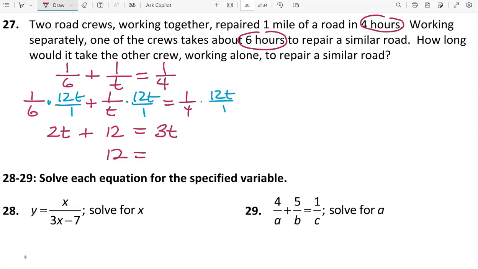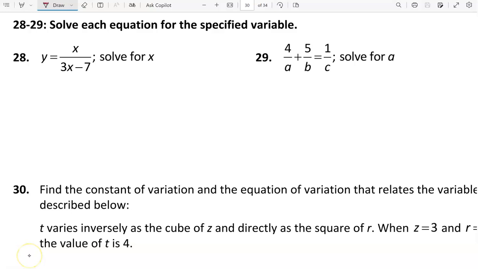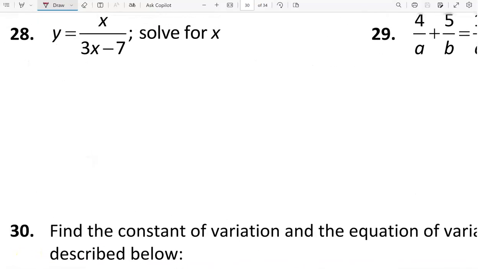And subtracting 2t from both sides, that gives us t is equal to 12. So the answer to our question is it would take the second crew about 12 hours to complete that same type of project. In 28 through 29, we're asked to solve each equation for the specified variable.